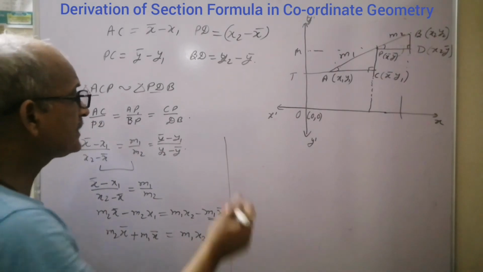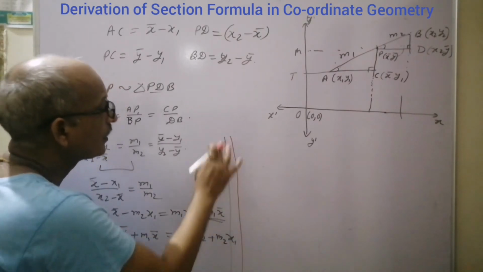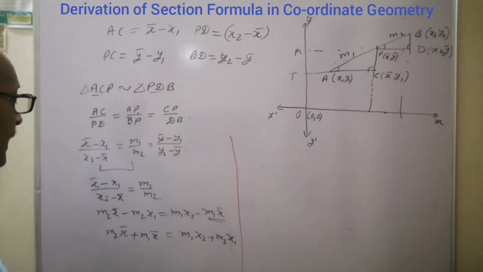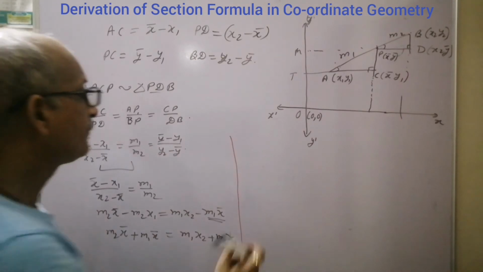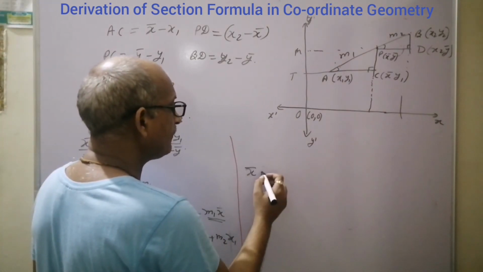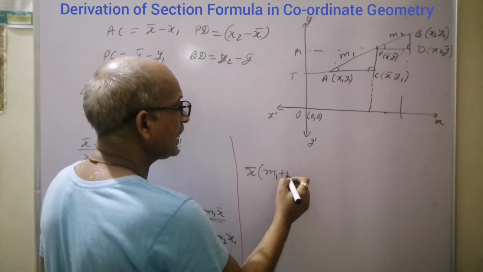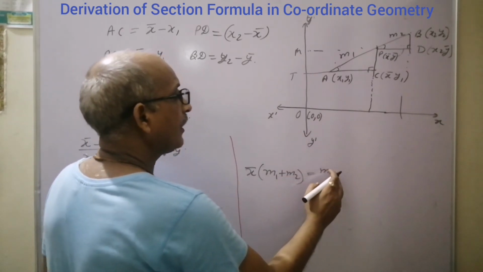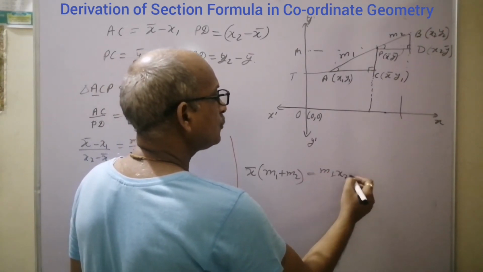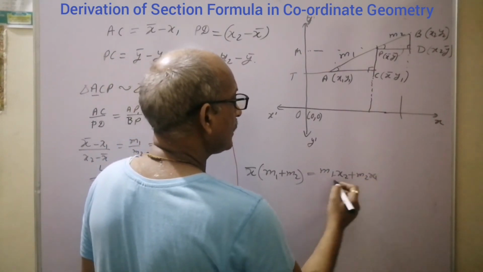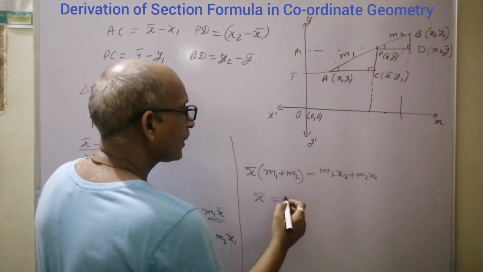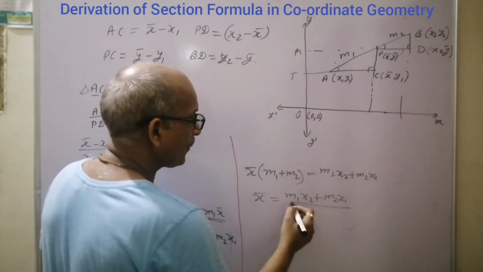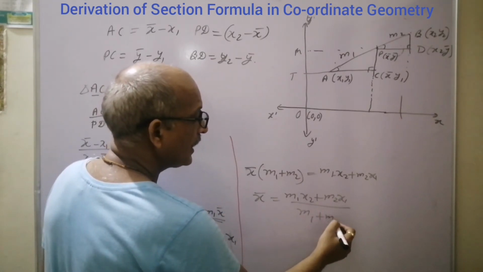The next step is, we'll take x bar common from the left-hand side. We'll get x bar times (m1 plus m2) is equal to m1 x2 plus m2 x1. So x bar will be m1 x2 plus m2 x1 upon m1 plus m2.